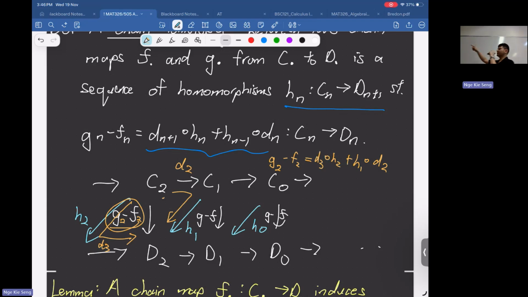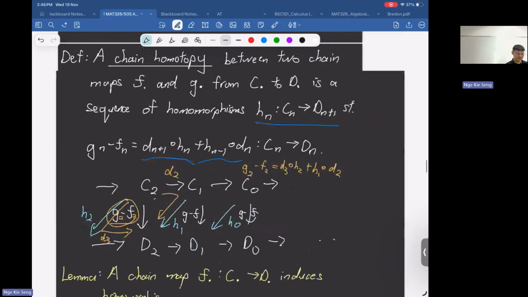Okay, so you should remember this direction. This vertical map is equal to something that goes out and then comes back, or you go backward and then come back. Then we will say that there's a chain homotopy between these two maps. Okay, you need to take a difference.